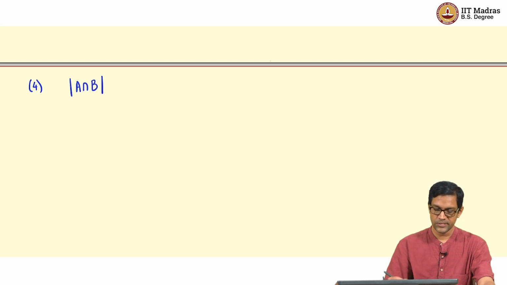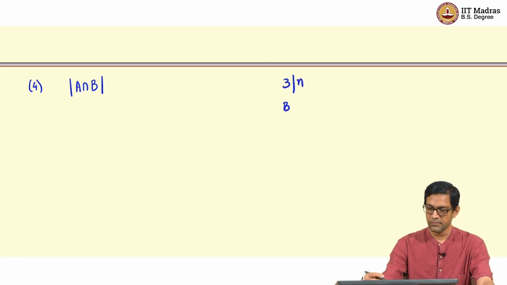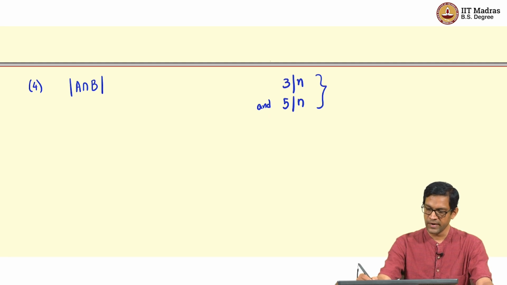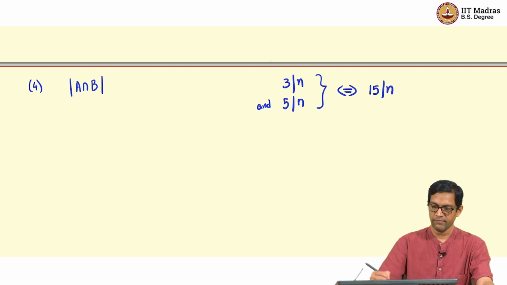Now what does it mean to say something is in A intersection B? That means n is divisible by 3, and n is also divisible by 5. Now observe that this can only happen because 3 and 5 are two different prime numbers. If 3 and 5 both divide n, this means their product, which is 15, must also divide n.